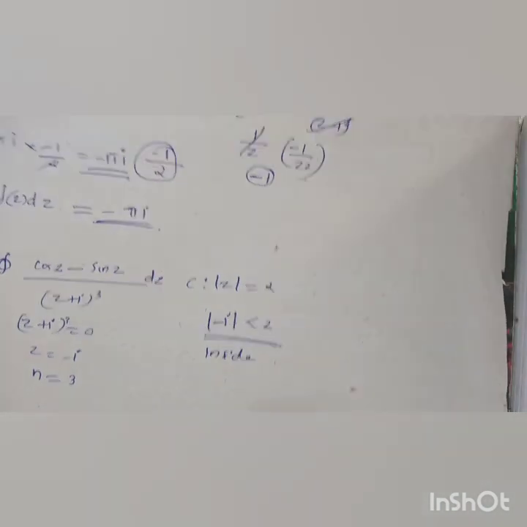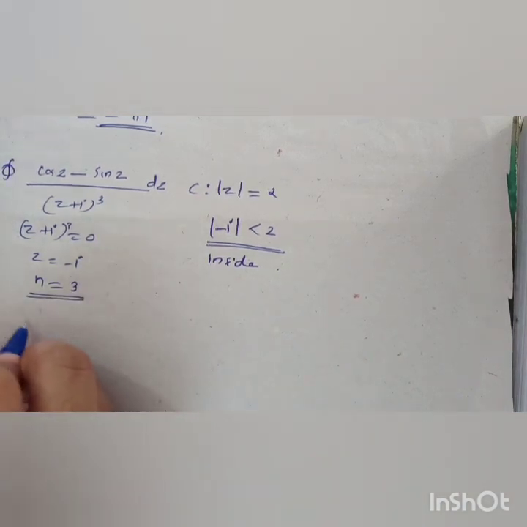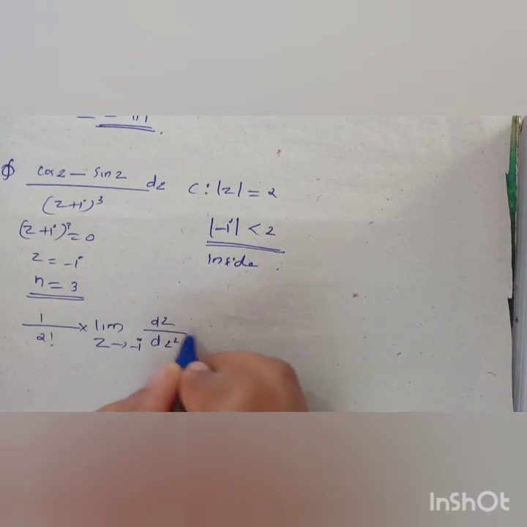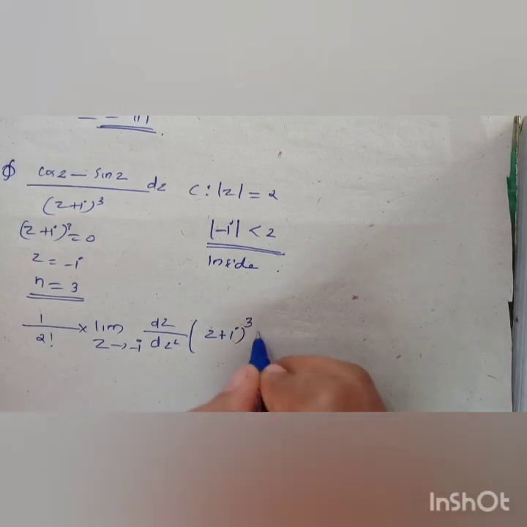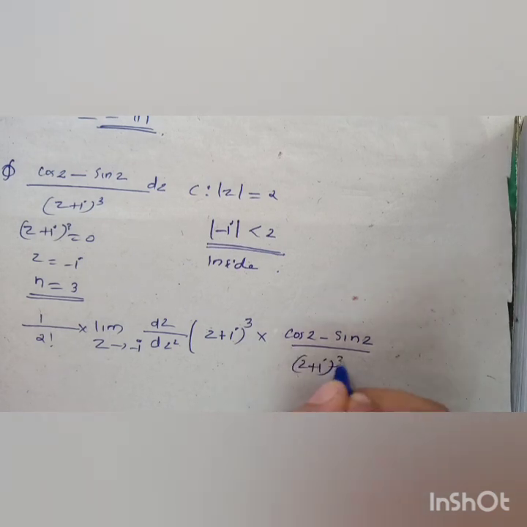So you have to find the residue: 1 by (n minus 1) factorial, limit z tends to minus I, the (n minus 1)th derivative of (z plus I) to the power n into f of z, where f of z is (cos z minus sin z) divided by (z plus I) whole cube.